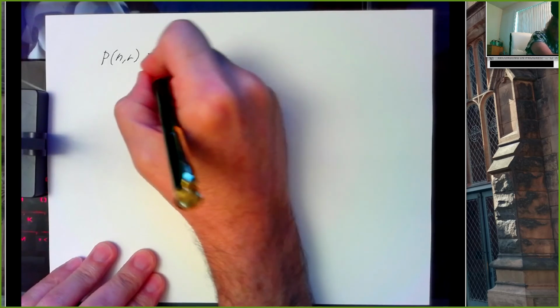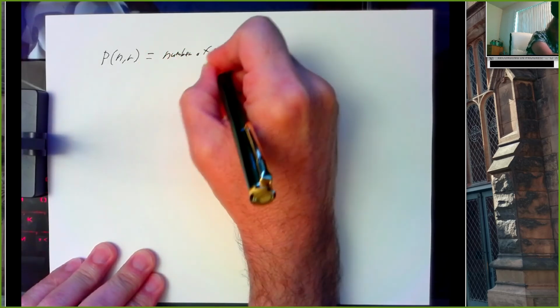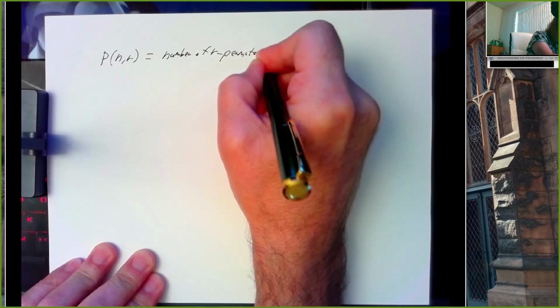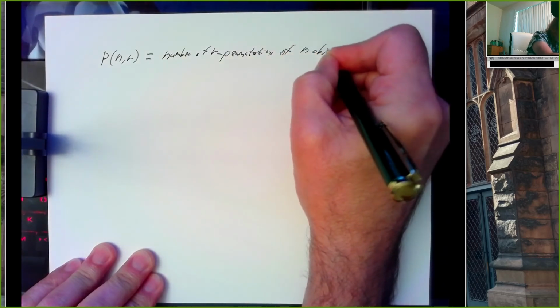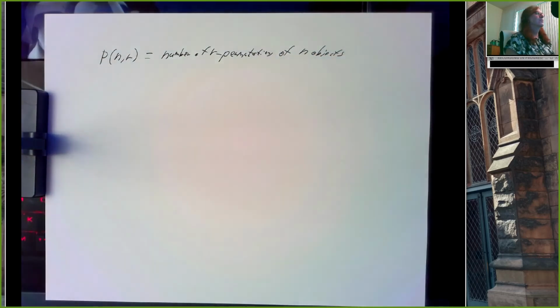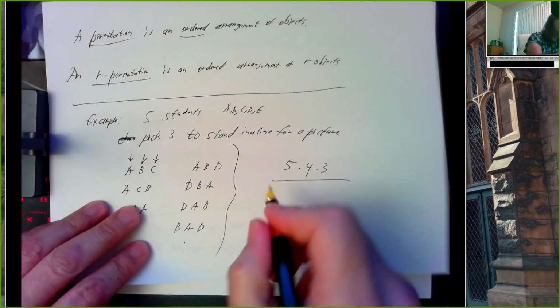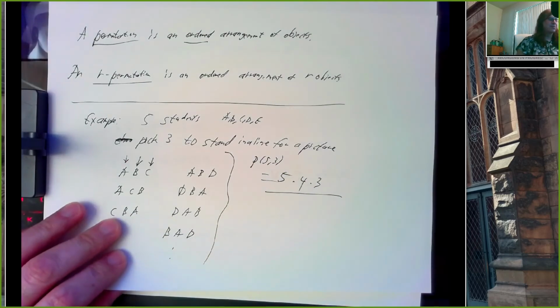And this is the number of r-permutations of n objects. We did it for the case of 5 objects where we're picking 3, so we've shown that P(5, 3) equals 5 times 4 times 3.